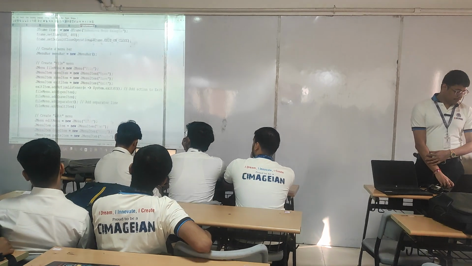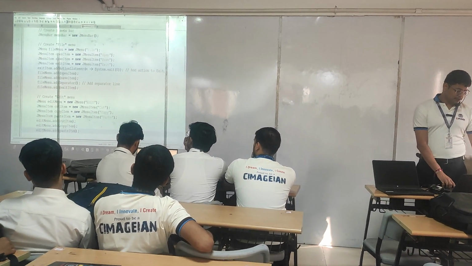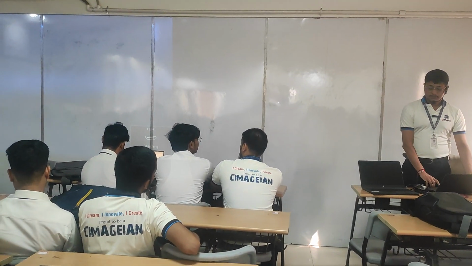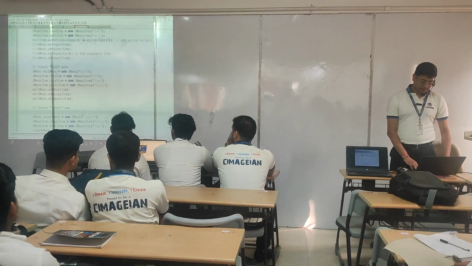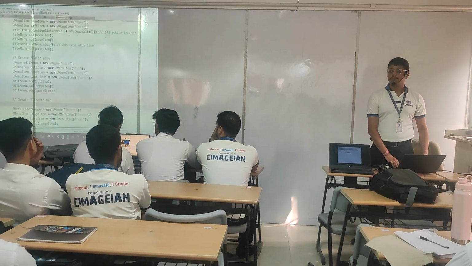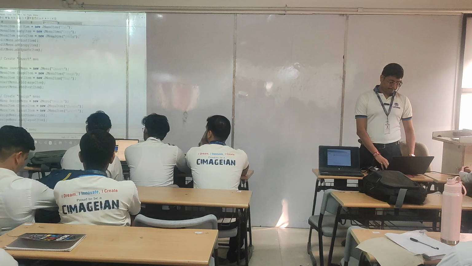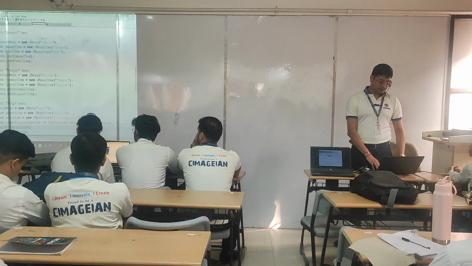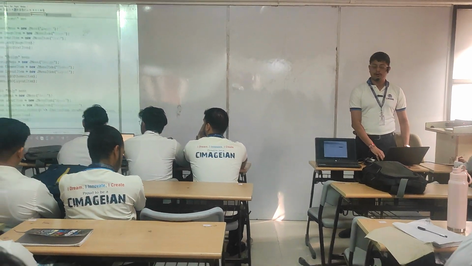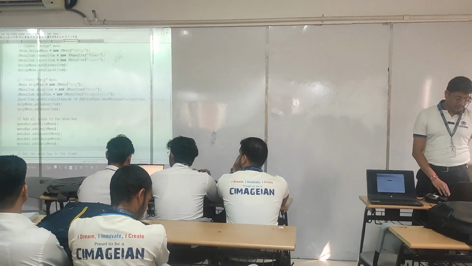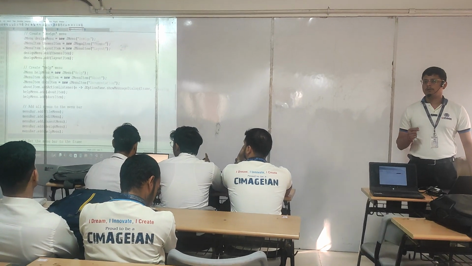Similarly, I will implement all this in the edit menu. We create different menus and add the required menu items using the same command. And lastly, we need to add all the menus to the menu bar. Here you can see in line number 58, I'm adding all the menus one by one to the menu bar.